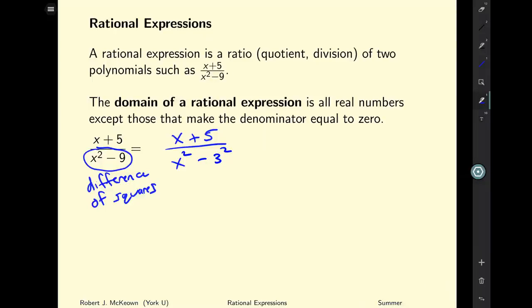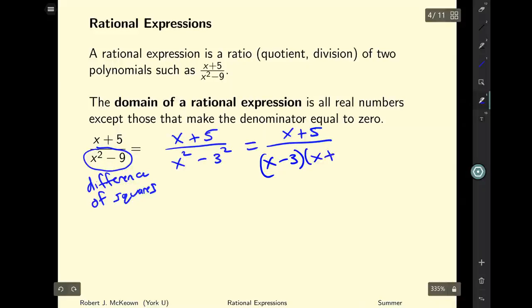I know from this rule that this is x plus 5 divided by x minus 3 multiplied by x plus 3. And you can prove to yourself at home that x minus 3 times x plus 3 is equal to x squared minus 3 squared, or x squared minus 9.